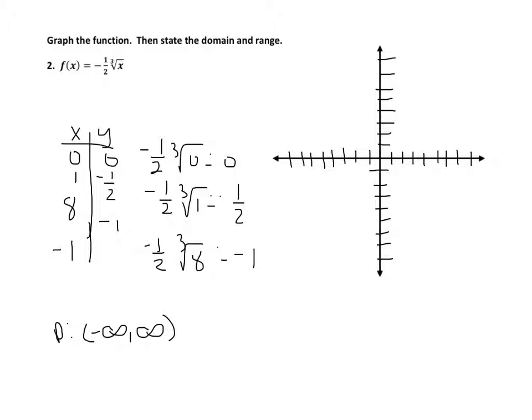If I did -1, it'd be +1/2. So that'd be here. And then I have 0, 0, and then 1, -1/2, and then 8, -1. So guess what I would get if I had -8: +1.